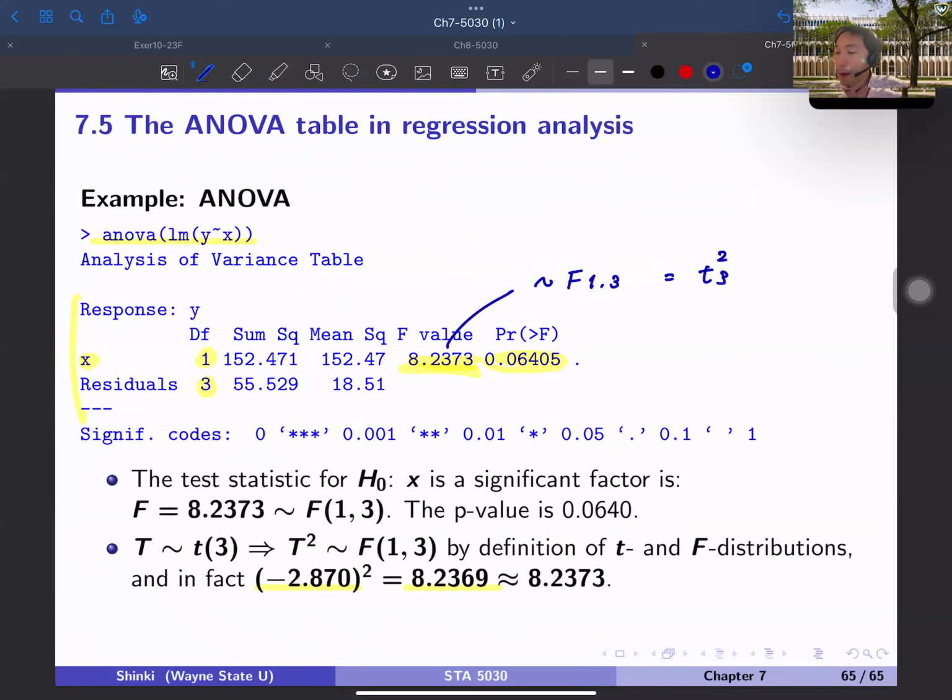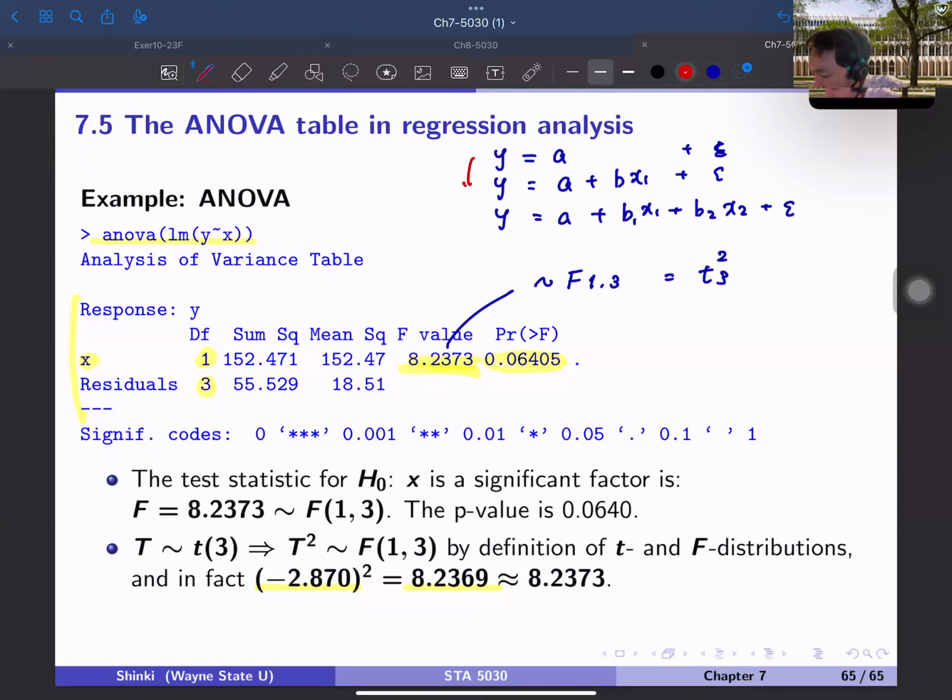And also in chapter 11, we introduce more than one predictor in linear regression. So we are testing y is equal to a against y is equal to a plus b x1 plus error. And also another model is y is equal to a plus b1 x1 plus b2 x2 plus epsilon. If we compare these models sequentially, we actually need the ANOVA table for the regression case.